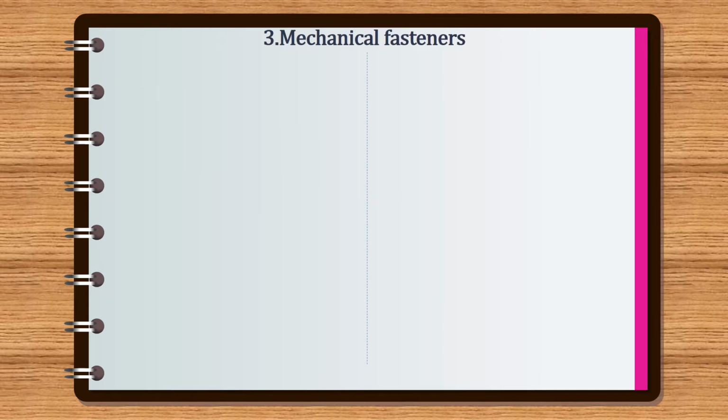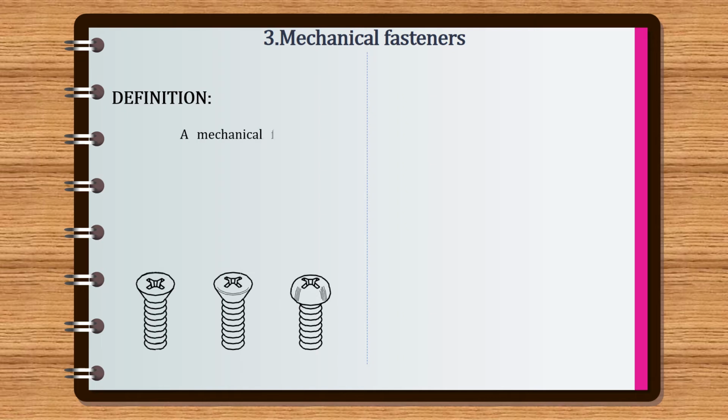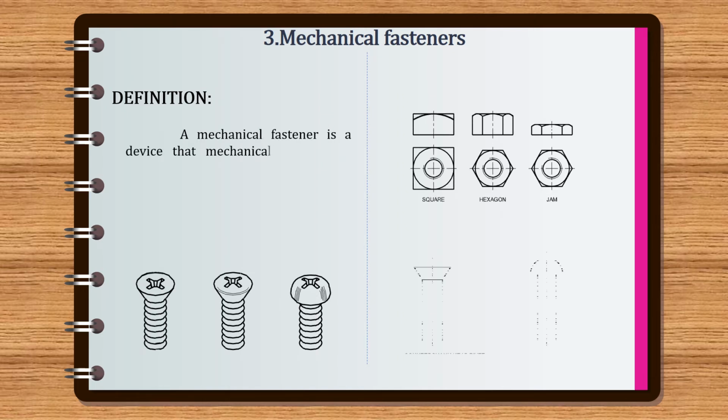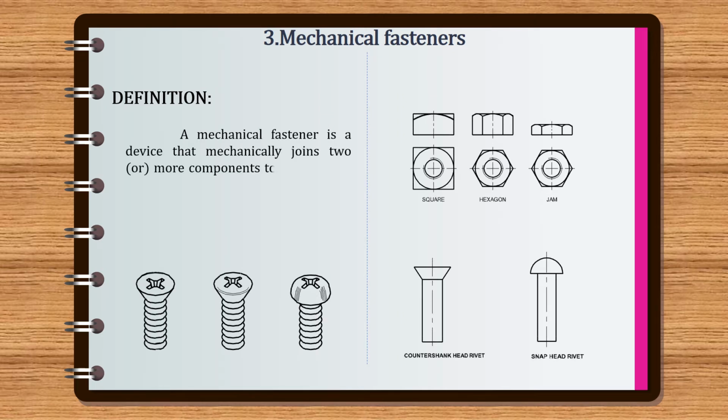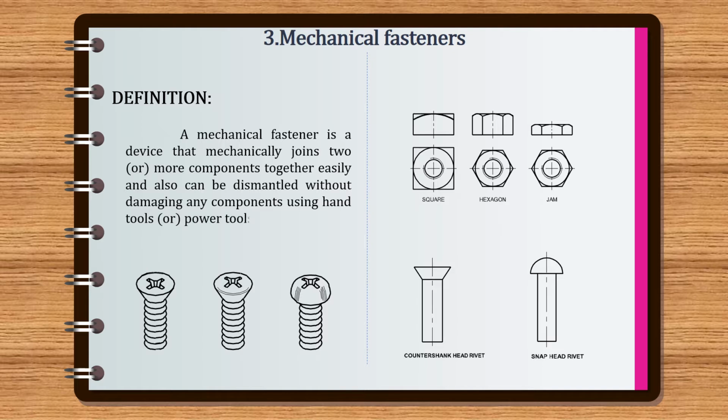Let's see the definition of mechanical fasteners. A mechanical fastener is a device that mechanically joins two or more components together easily and can also be dismantled without damaging any components using hand tools or power tools.